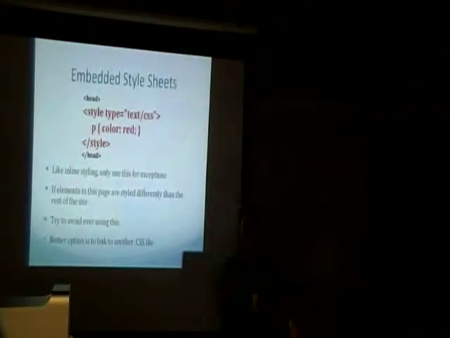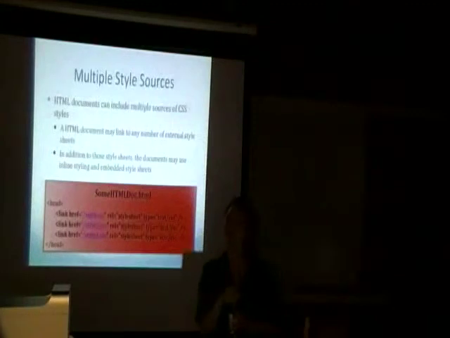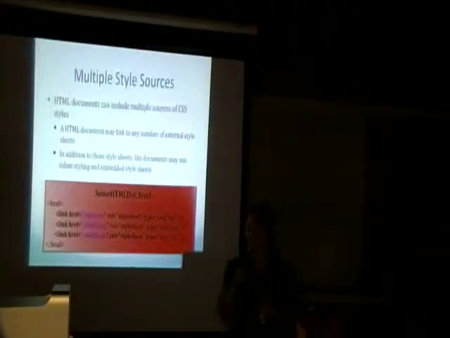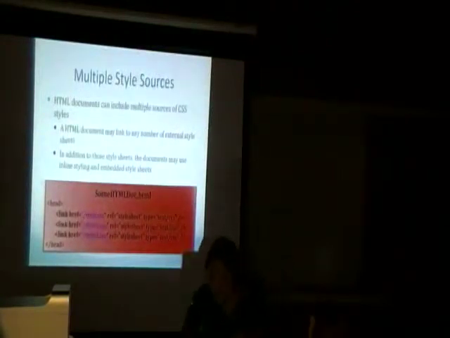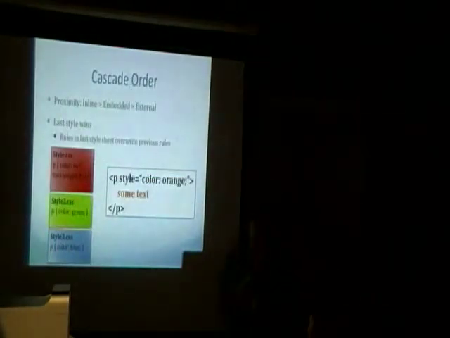Question? So what's your name? Emre? Emre, sorry, okay. So he said that you could have potential conflicts or contradictions in your CSS files. And that's true. So CSS uses what is called cascade order, which is really similar to what I explained before with specificity.